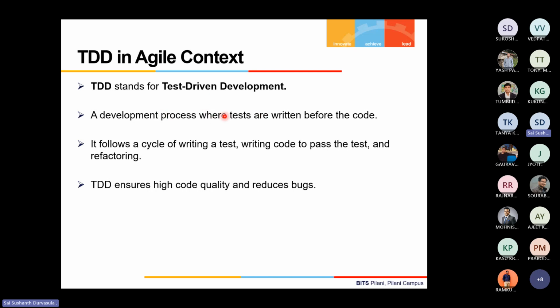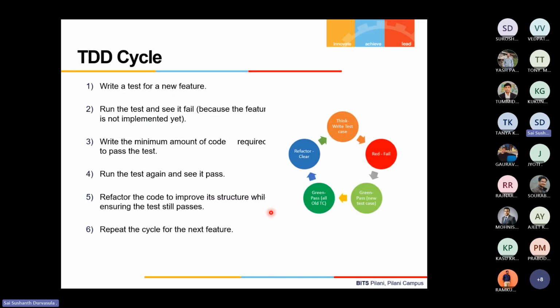It's a process where you write the test cases way before you write the actual code, right? It is focused on having the test cases drive the development, to ensure you get high code quality and reduce the bugs. So the cycle of TDD looks something like this: you write a test for a new feature, run the test, and it will fail because the feature is not yet there.